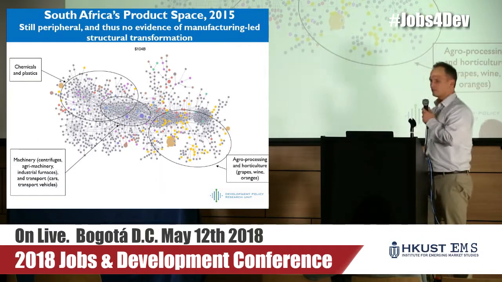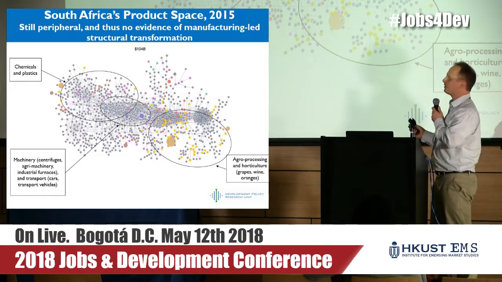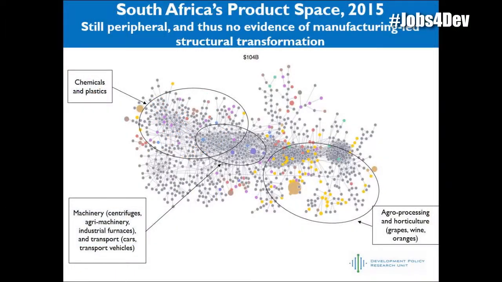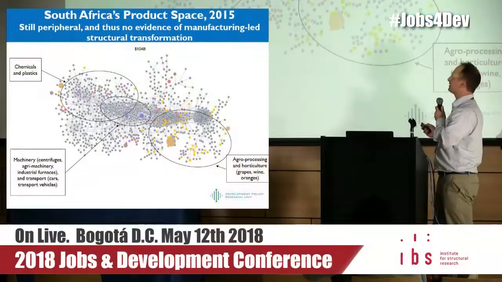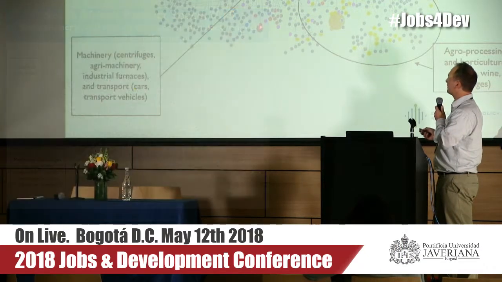But what happens in 2015? If you had a pattern of manufacturing-led structural transformation, you would see a greater occupation of these core areas of the product space. There's a little bit of evidence there, but really not much. The product space remains peripheral. You still have your big resources: diamonds, gold, platinum, coal.